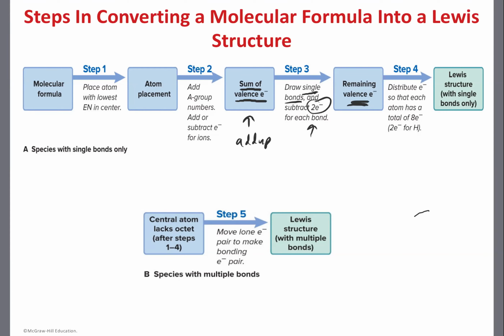And then what you do with the remaining valence electrons is you distribute them to all of the atoms in your structure with the guiding principle that hydrogen gets 2 electrons total, but other elements in the main group seek 8 total.